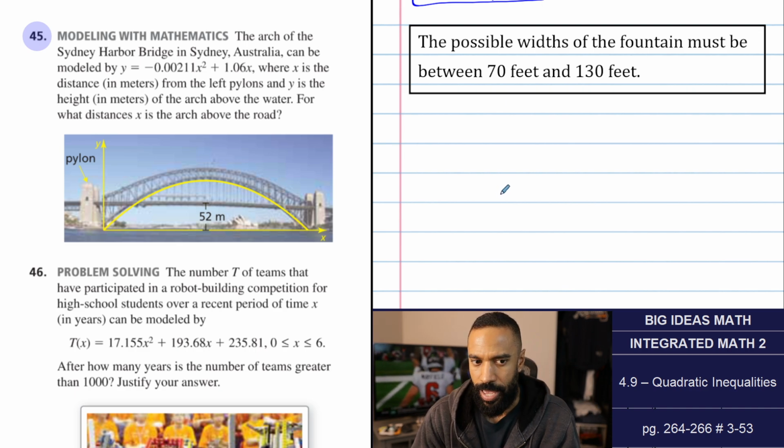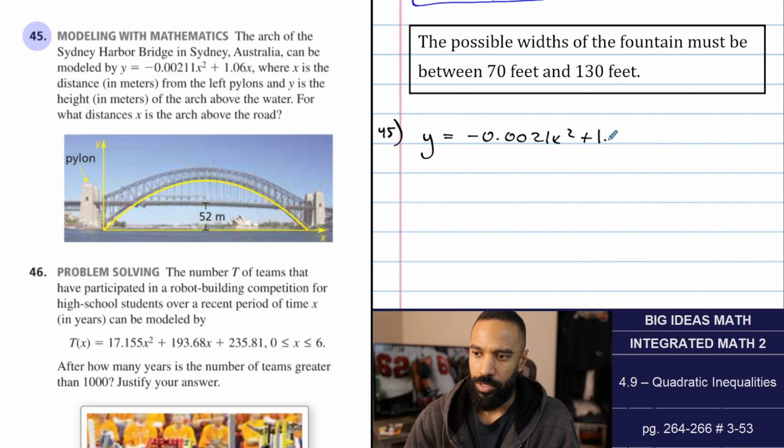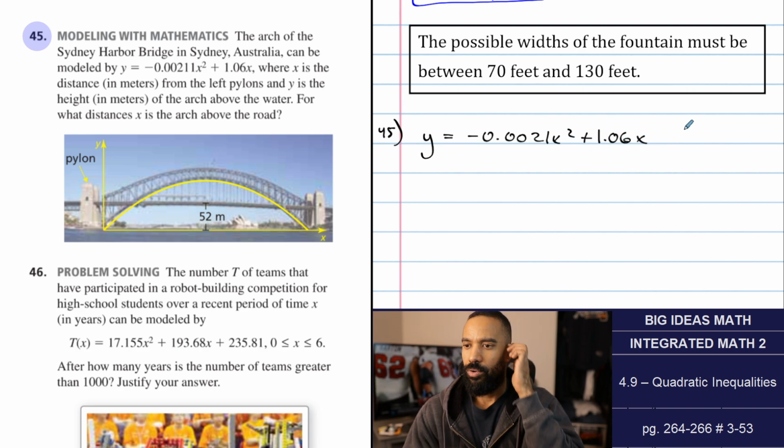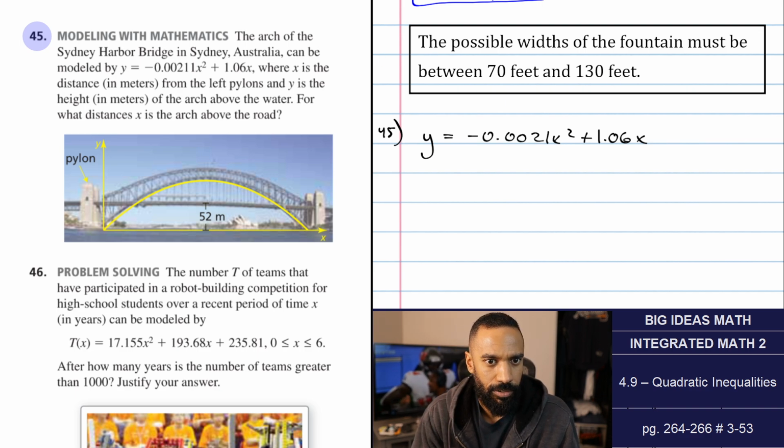For what distances x is the arch above the road? All right, so 45, y equals negative 0.0021x squared plus 1.06x. Yes, I will be doing something with the graphing calculator eventually, I can guarantee you.